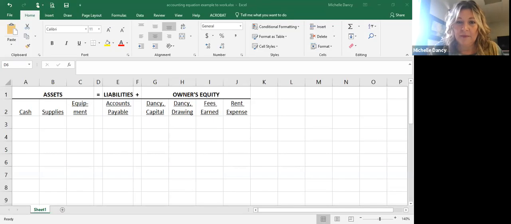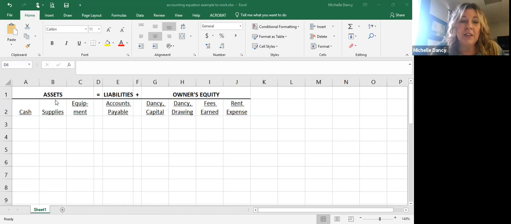Okay, so now that everybody is looking at the transactions, give me a second. I'm going to share my screen with you. Okay, so here I have put into an Excel spreadsheet our accounting equation headings, assets equal liabilities plus owner's equity.